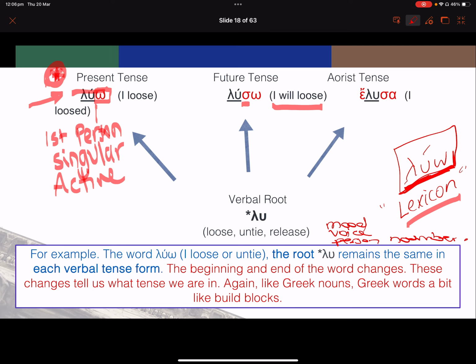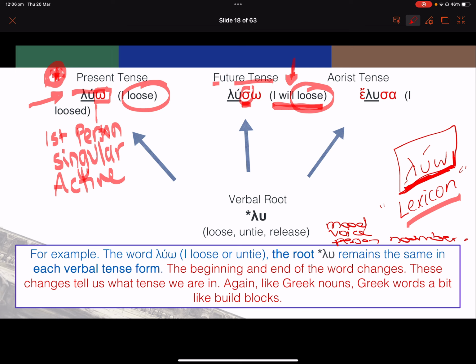As you can see, just a small addition in Greek, like this little sigma, changes the tense of this word. In English, we would need to add the word will in order for us to know that it's happening in the future. The verb in both of these, loose, does not change.